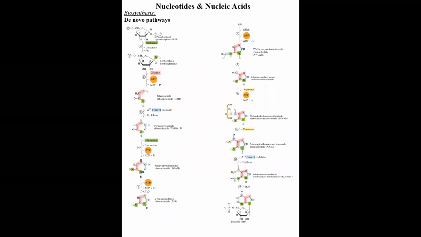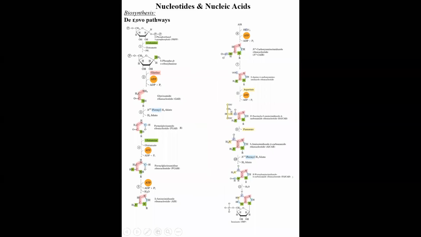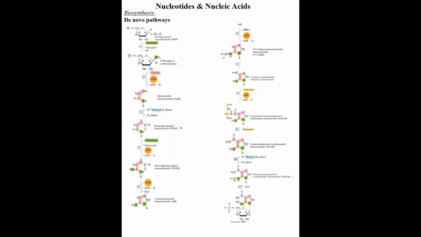This is the basic biosynthetic pathway. Here, de novo biosynthesis of nucleotides starts from 5-phosphoribosyl 1-pyrophosphate, that is PRPP. I know you must be aware of this structure.